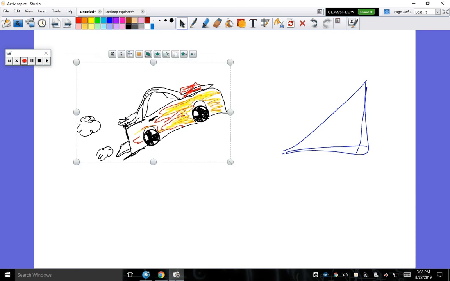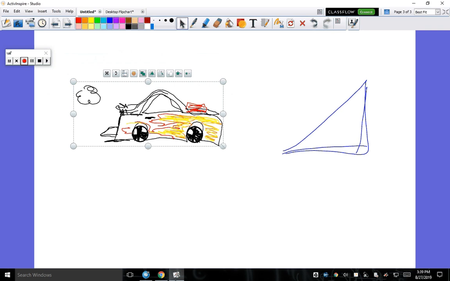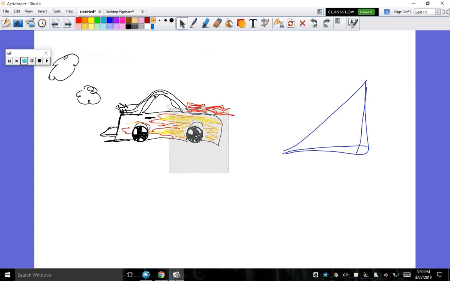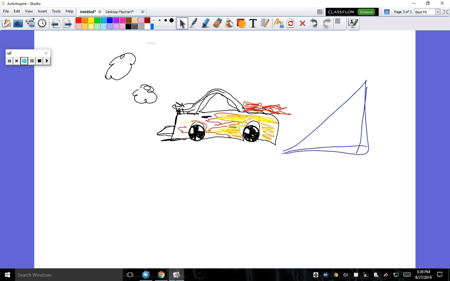Stay with us. We will erase exhaust. We will fall down. We'll have some more. We'll have some fire blowing out. And then we'll keep going.